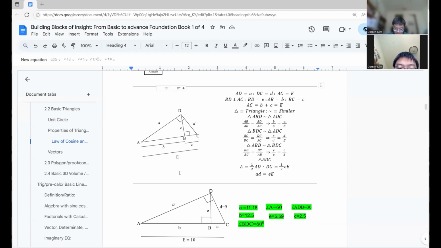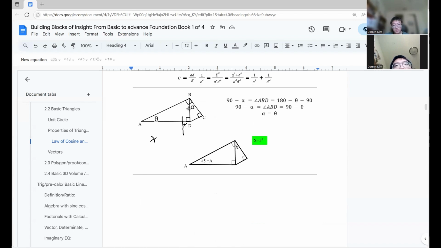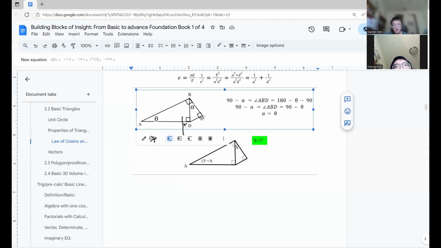But we know from earlier that we can get that this triangle is equal to this triangle. Did I? Here's one way to look at it over here, there's another right triangle, but that doesn't work actually.